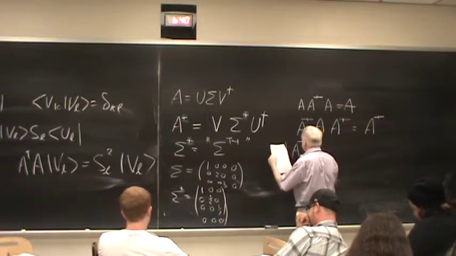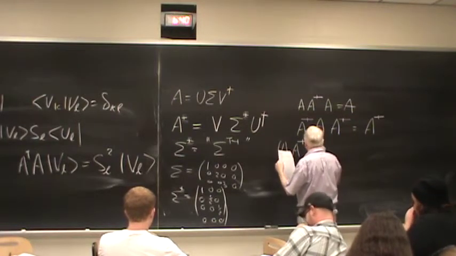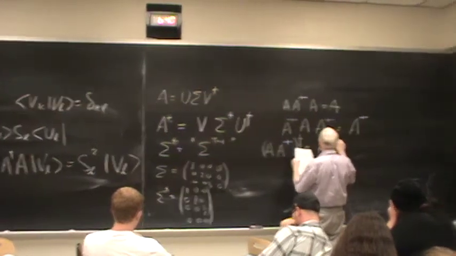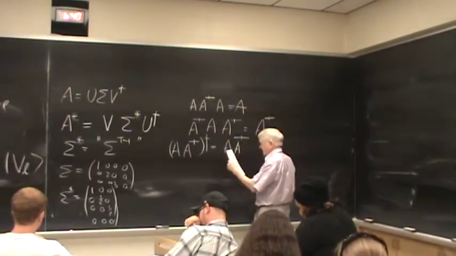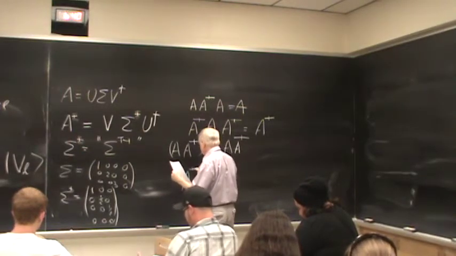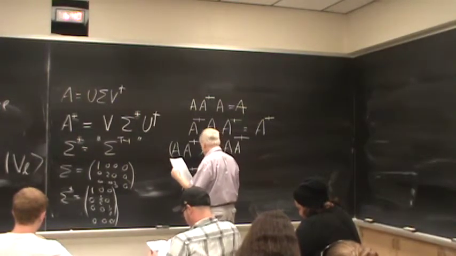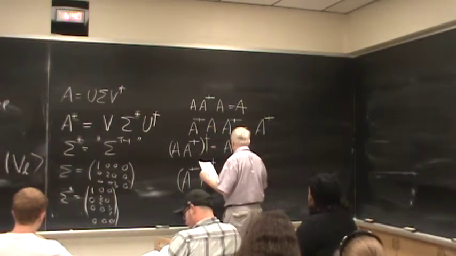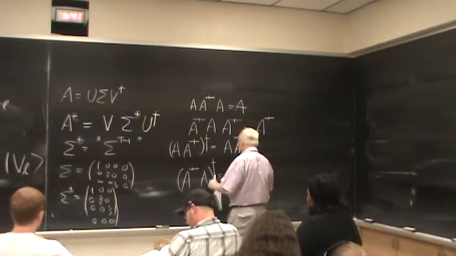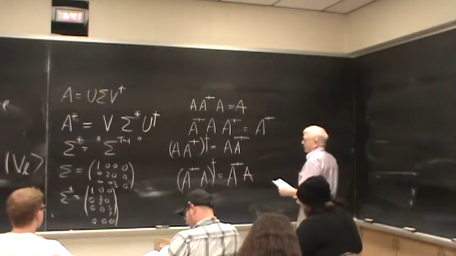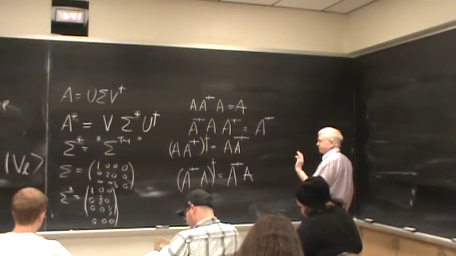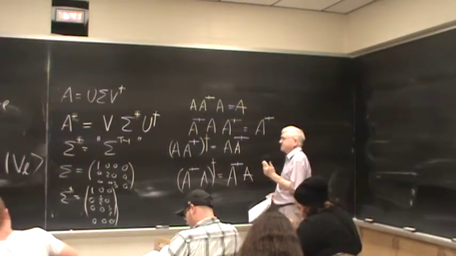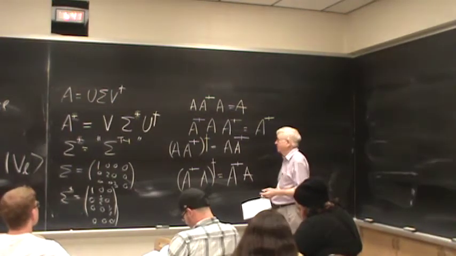A plus, A dagger, and A pseudo inverse. A dagger is... So A plus behaves reasonably, and A plus A behaves reasonably under Hermitian conjugation.